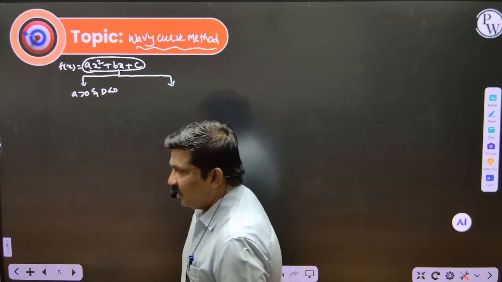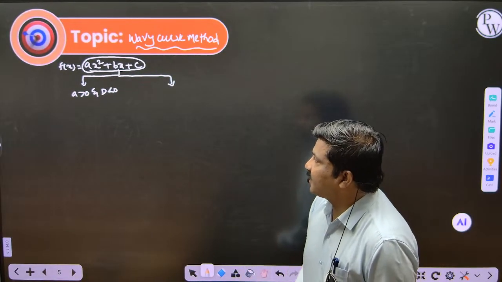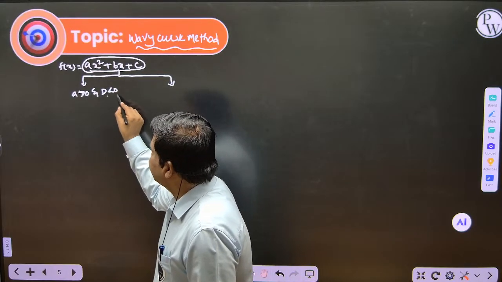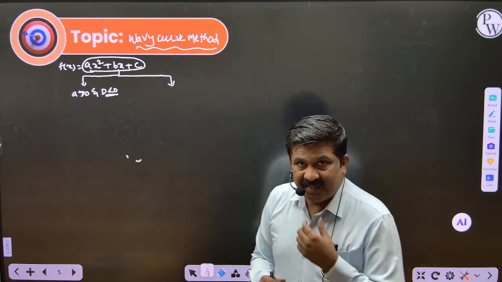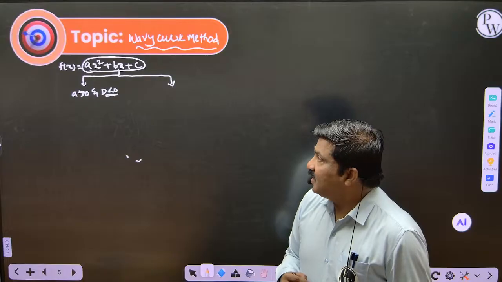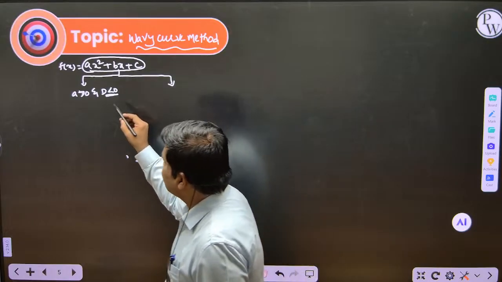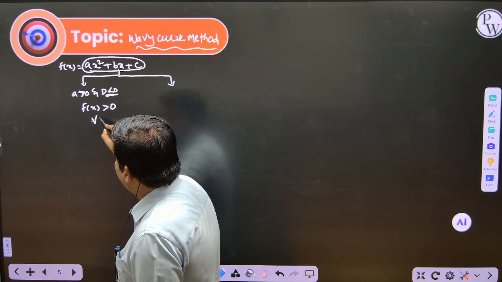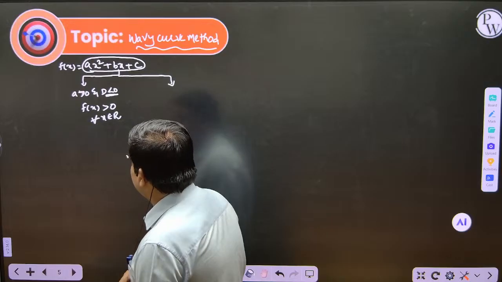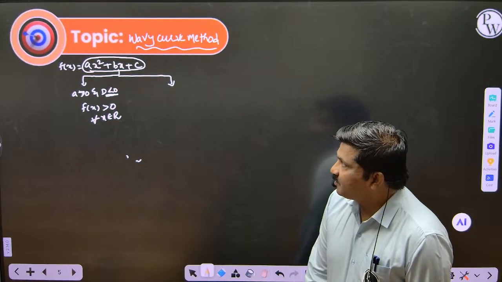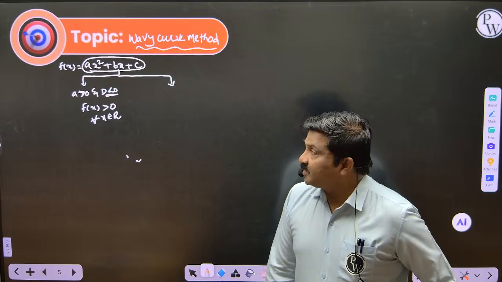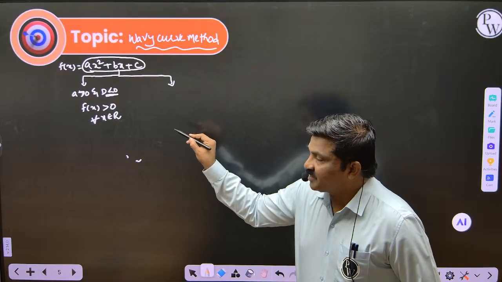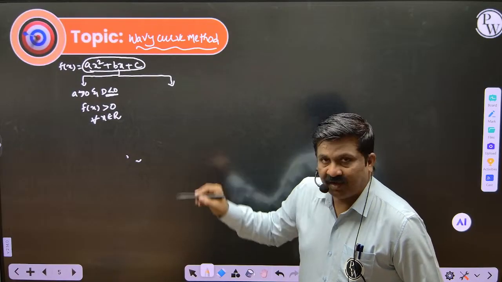In ax square plus bx plus c, a is greater than 0 and discriminant is less than 0. Then this quadratic expression f of x is always positive for all x belongs to R. That is, the coefficient of x square is positive and discriminant is negative, then that quadratic expression is always greater than 0 for all x belongs to R.